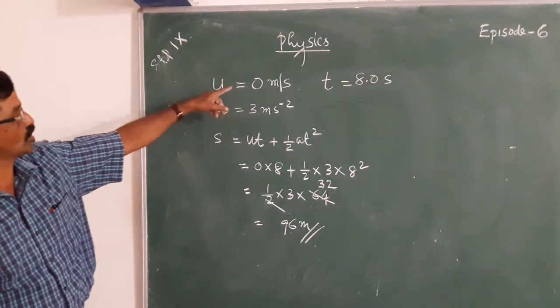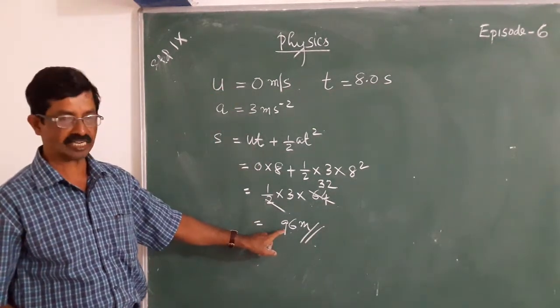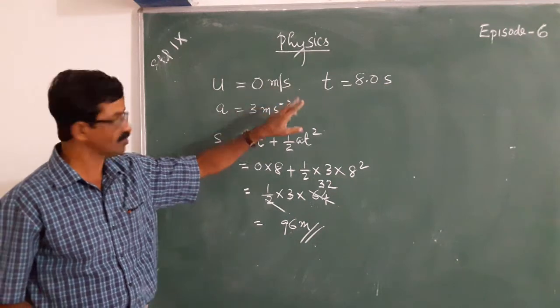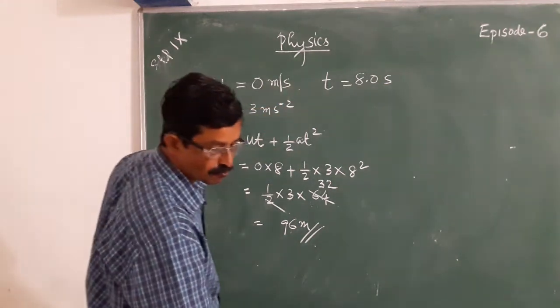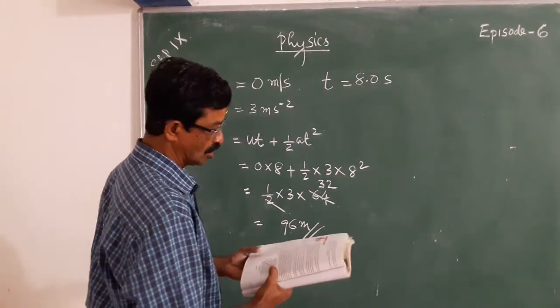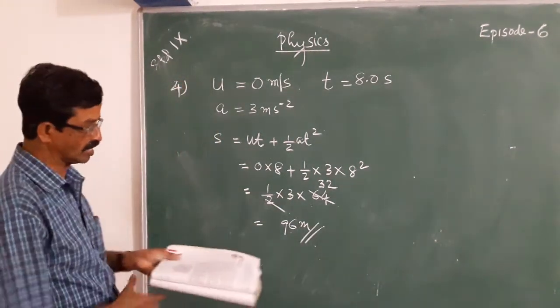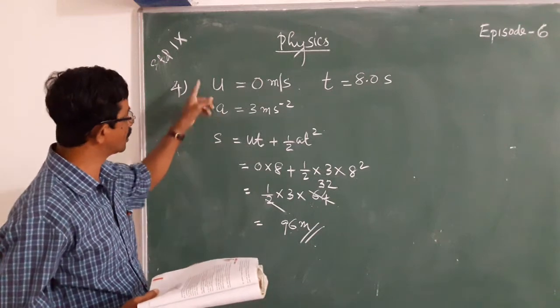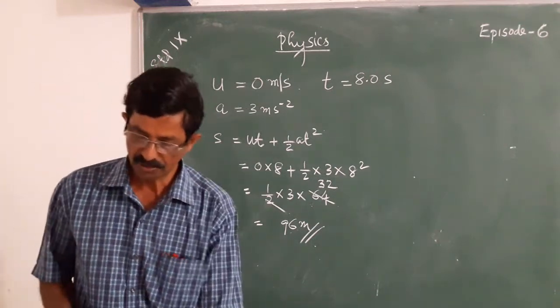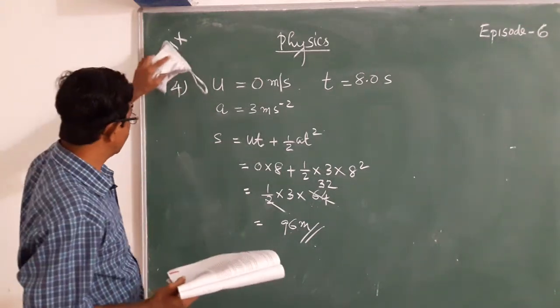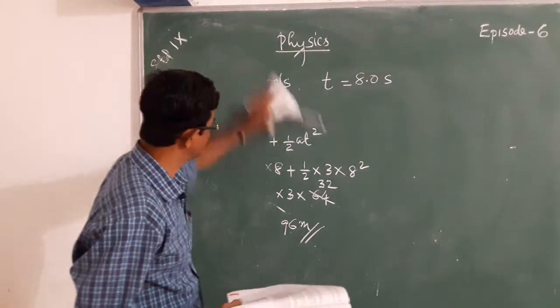The boat travels 96 meter. This is the answer for the fourth question, how far the boat travels. Now see question number 5.